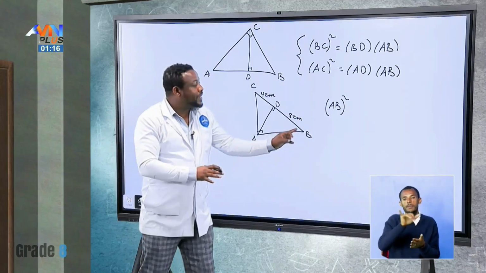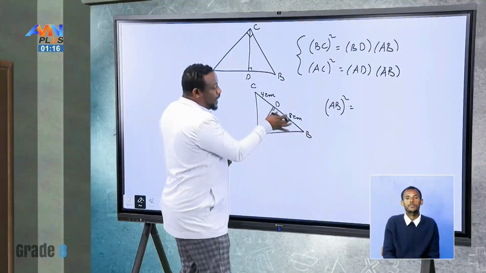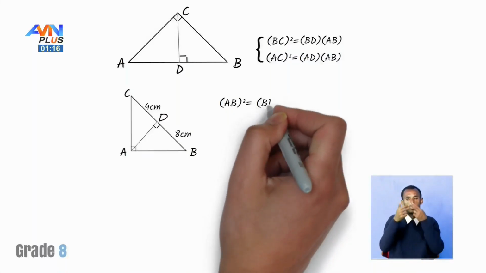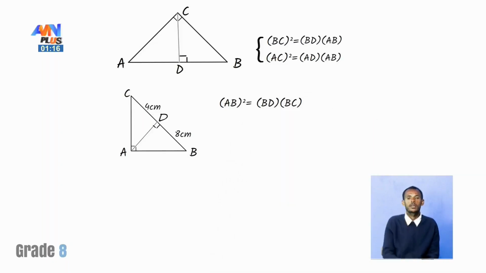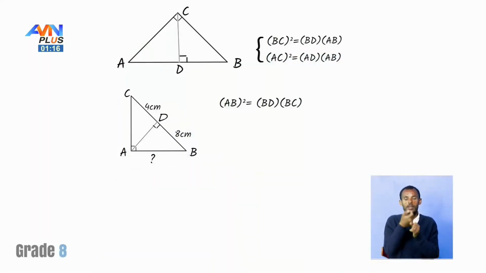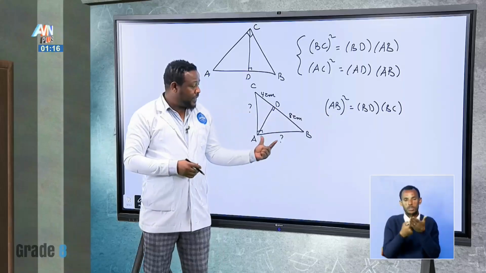The square of this leg is equal to one of the adjacent sides, that means BD, times the hypotenuse, the longest side BC. Okay, so if you are asked to find this side and this side, you can use this formula to calculate AB.